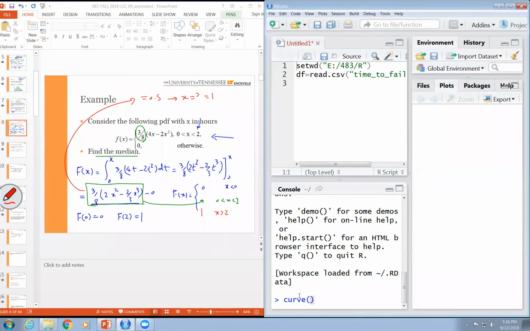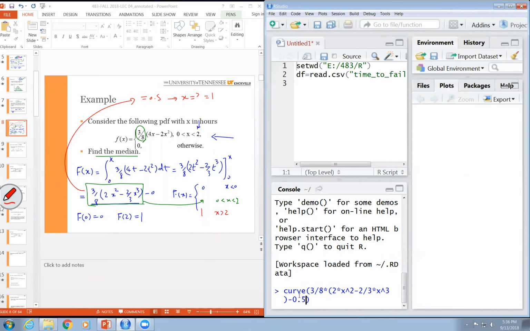So I can use curve and say, plot for me 3/8 of 2 times x squared minus 2/3 of x to the 3, minus 0.5, because then I can see when it crosses 0, and that will be my answer. Does that make sense, what I'm doing?